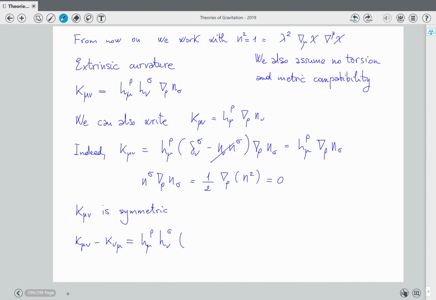So we collect h_mu^rho h_nu^sigma and we get del_rho n_sigma minus del_sigma n_rho.